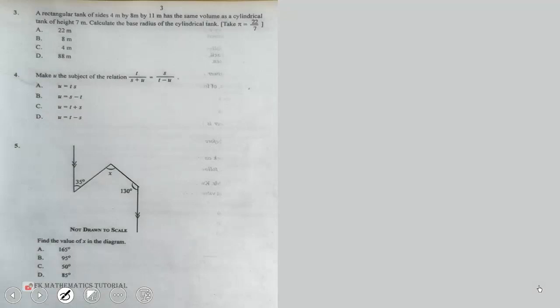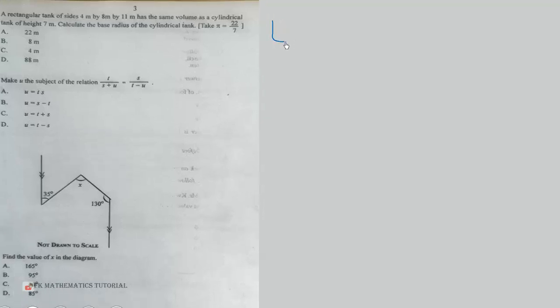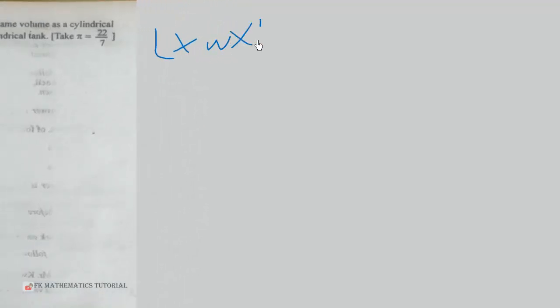Question number 3. A rectangular tank of size 4 meters by 8 meters by 11 meters has the same volume as a cylindrical tank of height 7 meters. Calculate the base radius of the cylindrical tank. So we recall that the volume of a rectangular tank is given by length times width times the height, and the volume of a cylinder is given by pi r squared h.